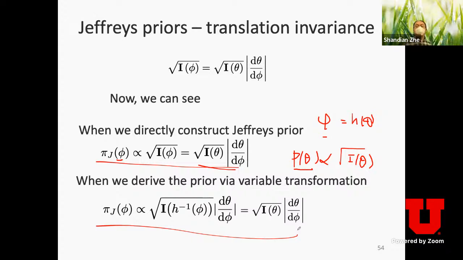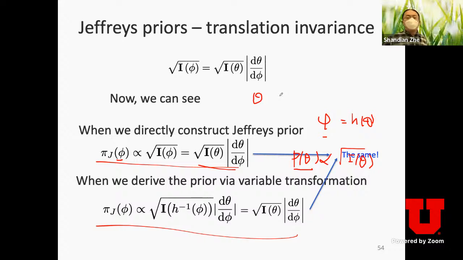This actually shows that the Jeffrey's prior is transformation invariant. I can construct a Jeffrey prior for any random variable theta, and after any kind of variable transformation, the density of the transformed variable will also follow the Jeffrey's prior.